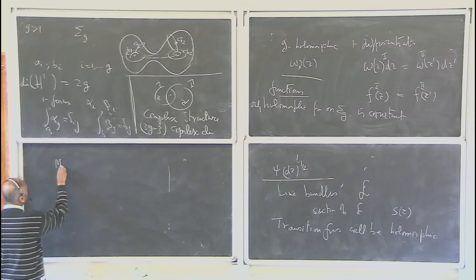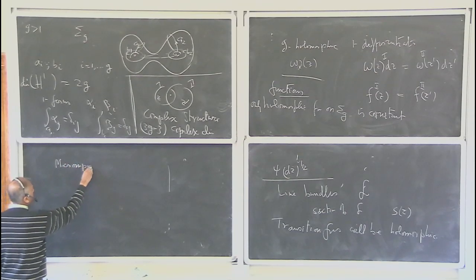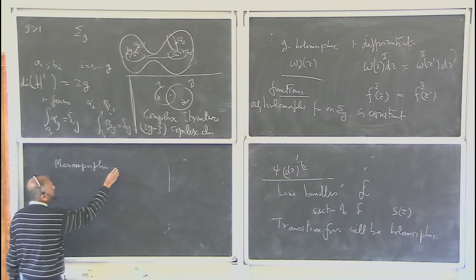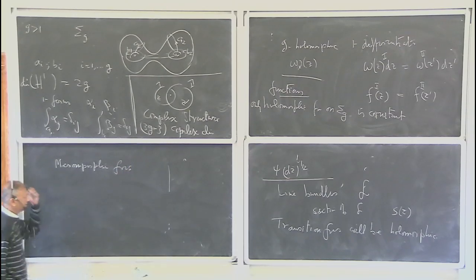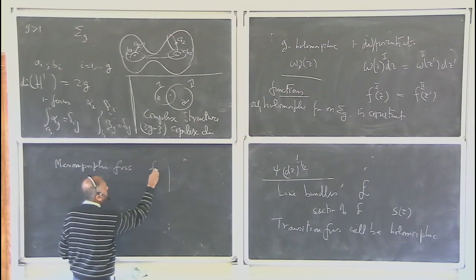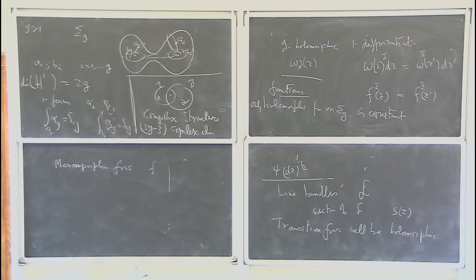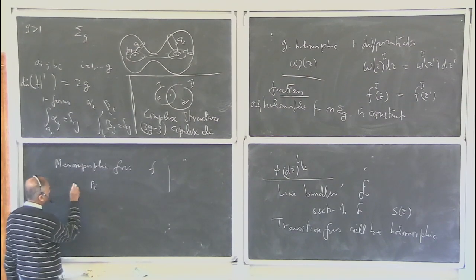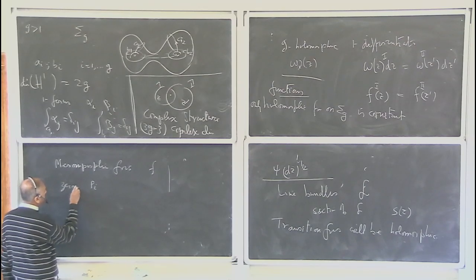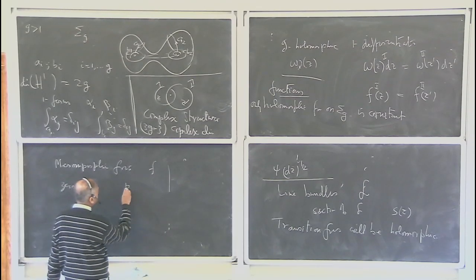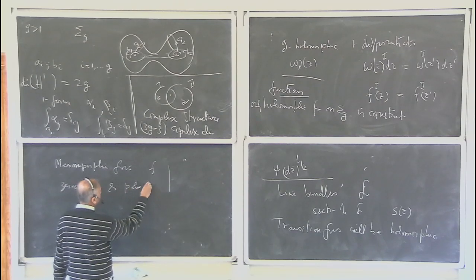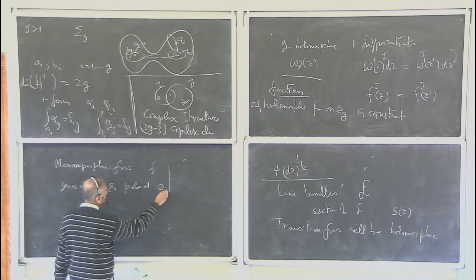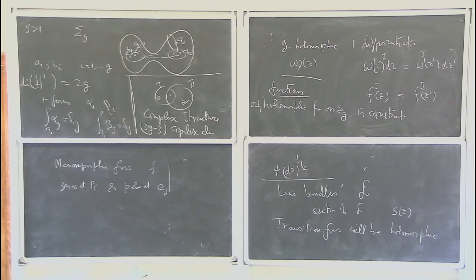We said holomorphic functions are only one-dimensional, but you can now talk about meromorphic functions. Let's say a meromorphic function f. Now this f will have some poles and possibly some zeros. Let's call the positions of the zeros p_i and the poles q_j. These are points.